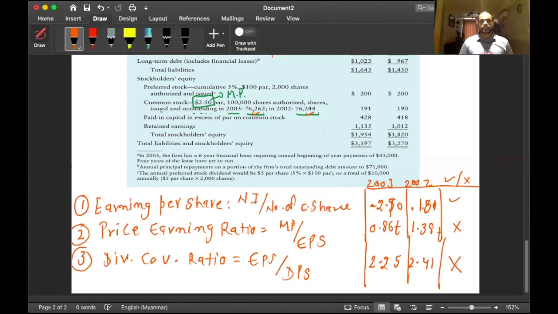Any questions regarding these ratios? Or we move on to the final exams information. Any questions or move on? So let's move on.